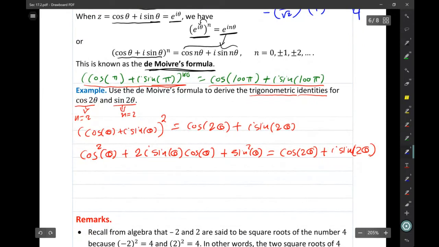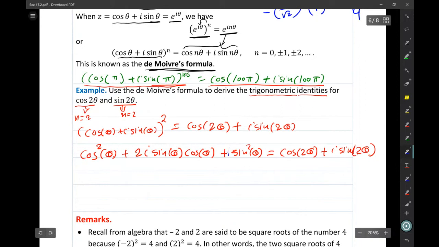Now the real part on the left hand side is equal to the real part on the right hand side, and the imaginary is equal to imaginary.